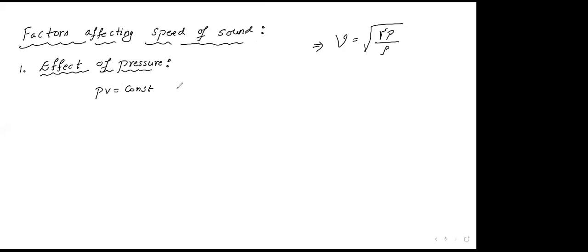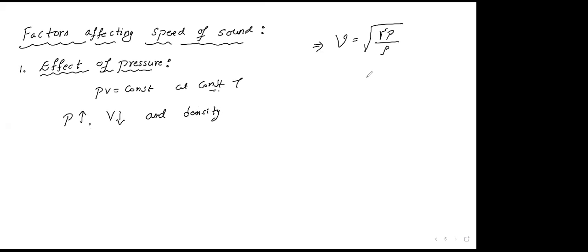At constant temperature, if the process is carried out at constant temperature, then PV will be constant. If pressure increases, what happens to the volume? Volume will decrease. There is a variation. If pressure changes, volume will change. Correct? So if volume decreases, what happens to the density?